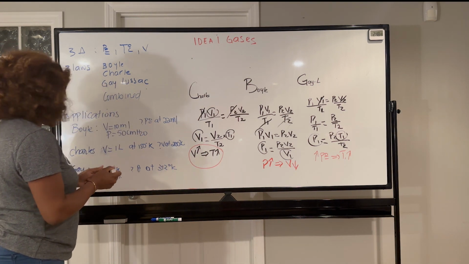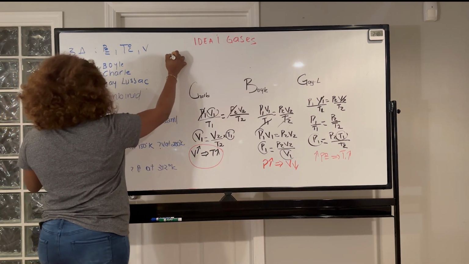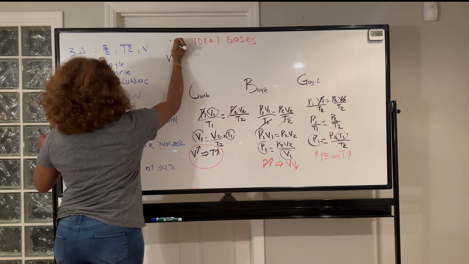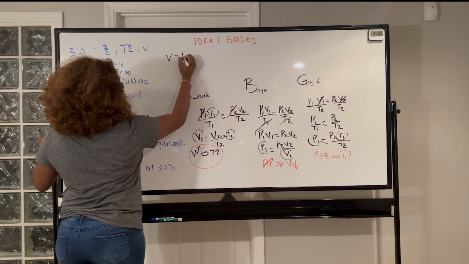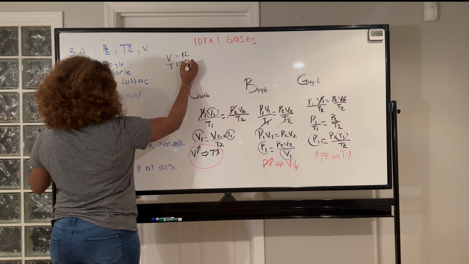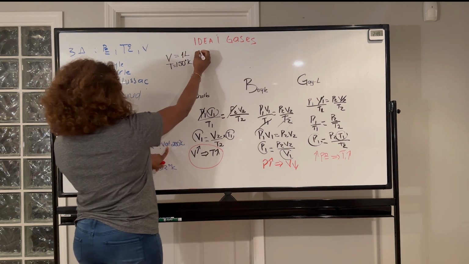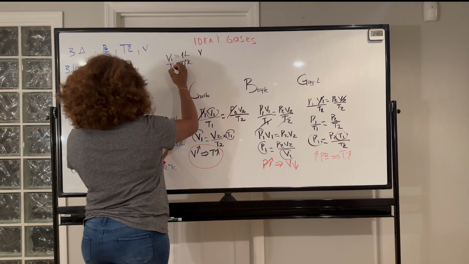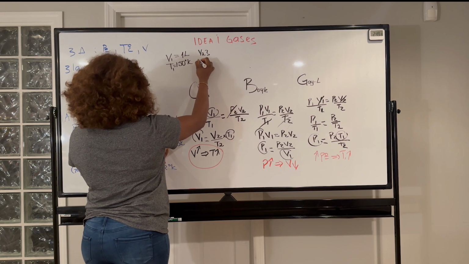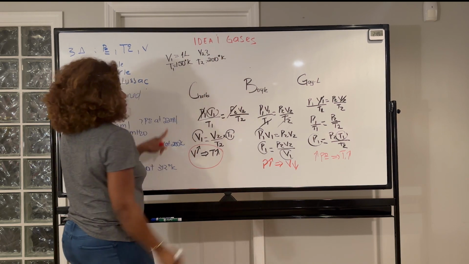If we have a gas, let's take an example that has a volume of 1 liter at a temperature of 150 degrees Kelvin, and we want to know what's gonna be the volume of the gas at the temperature of 200 degrees Kelvin.